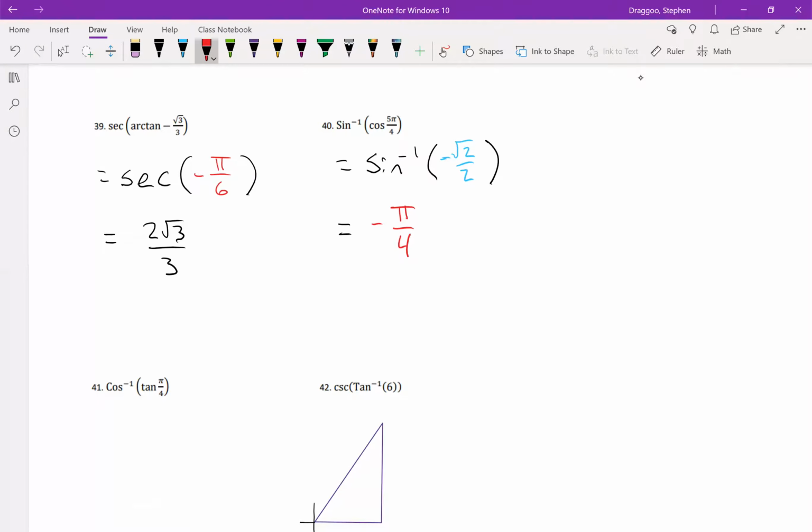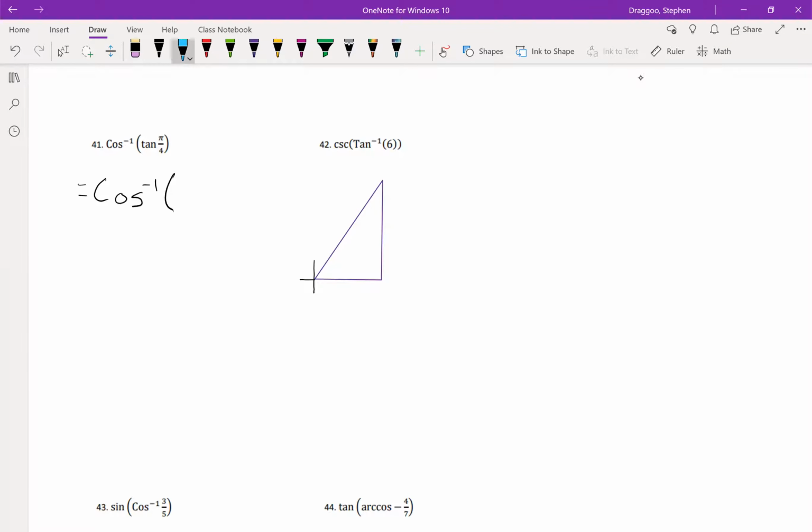Right. In 41, we have the cosine inverse of the tangent of pi over 4, which means I'll be looking at the cosine inverse of 1, since the tangent of pi over 4 is 1. And then I can go to my cosine inverse values.